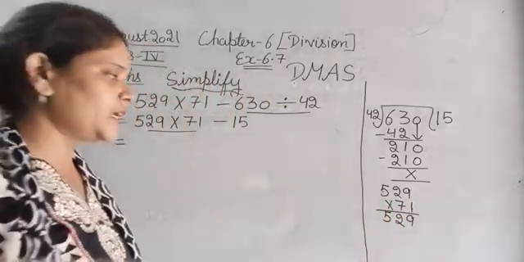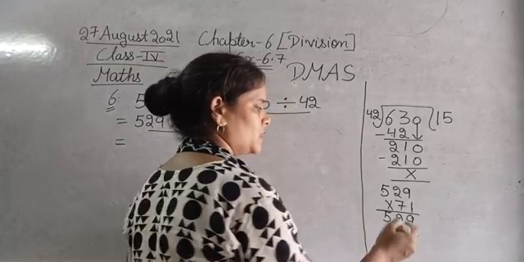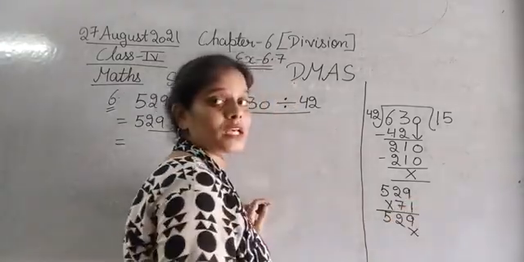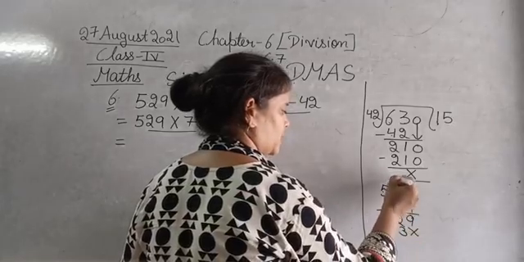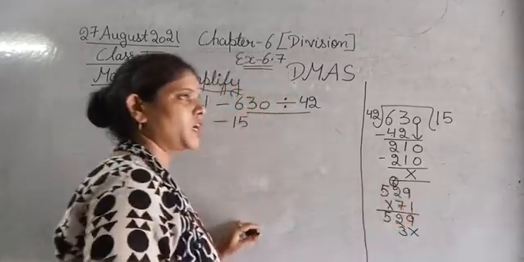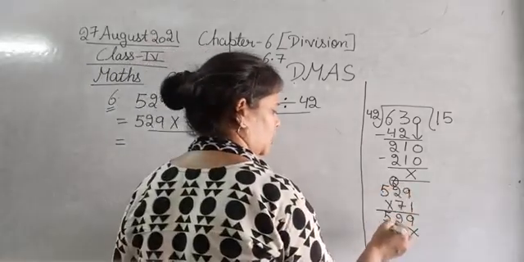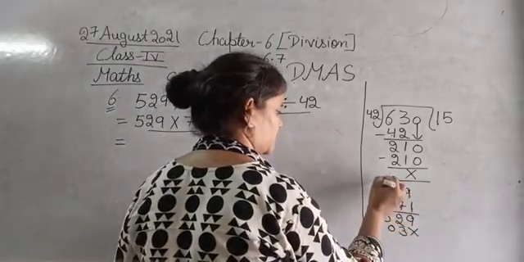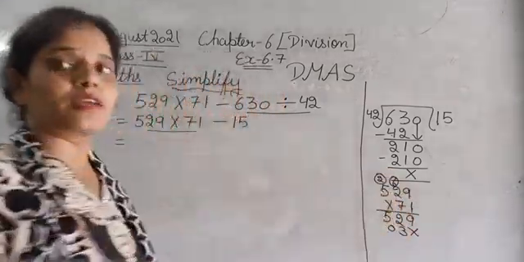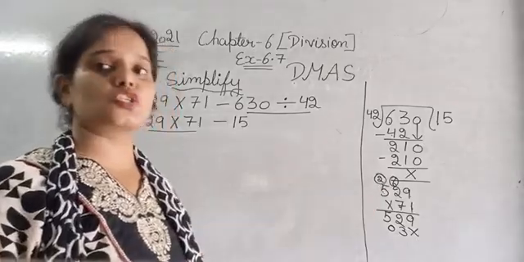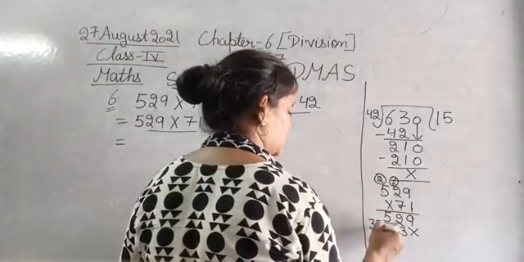Next, 3, 6 will be carried above. 7 twos are 14. 14 plus 6, 20. 0, 2. 7 fives are 35. 35 plus 2, 37. This is 7.